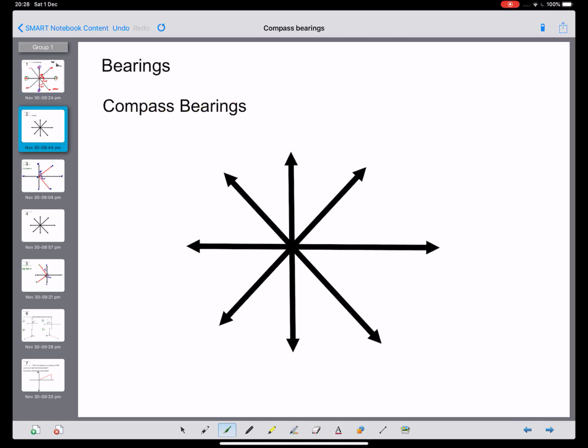Okay, so let's define a compass bearing. A compass bearing is different from a true bearing.